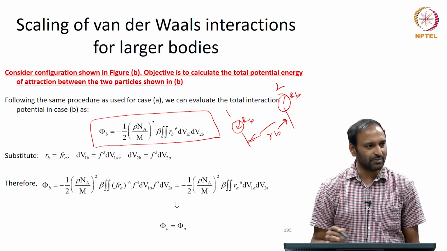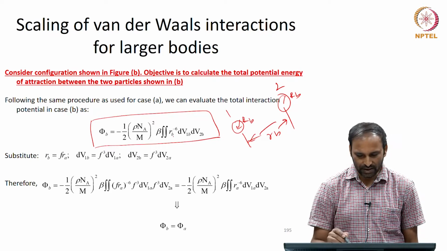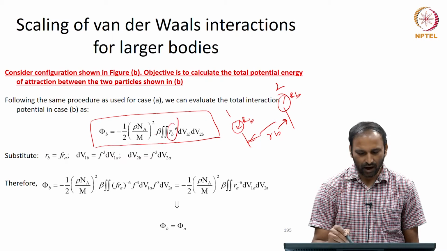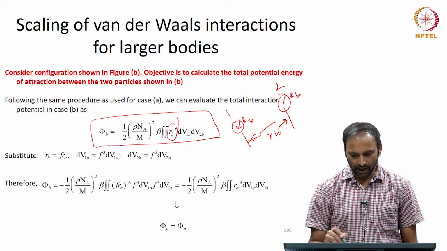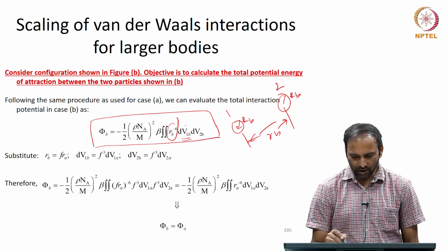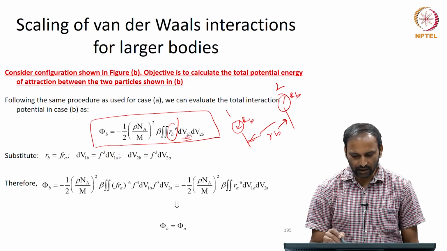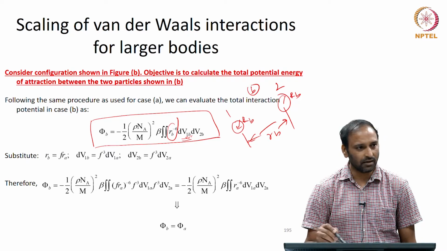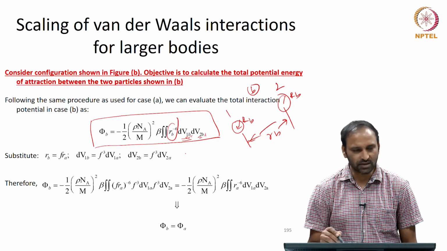If I do that I will get a similar expression. Only thing is, instead of R_A I would have R_B to the power of minus 6, and you will have differential volume 1 in case B and the differential volume 2 in case B.